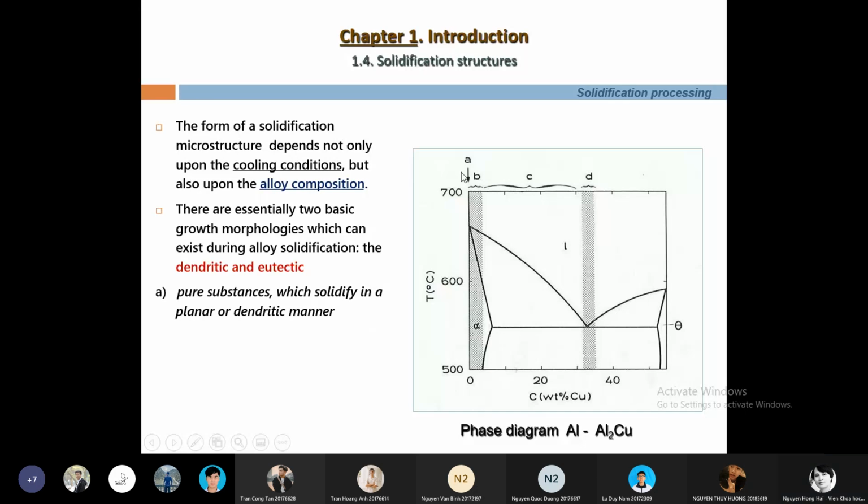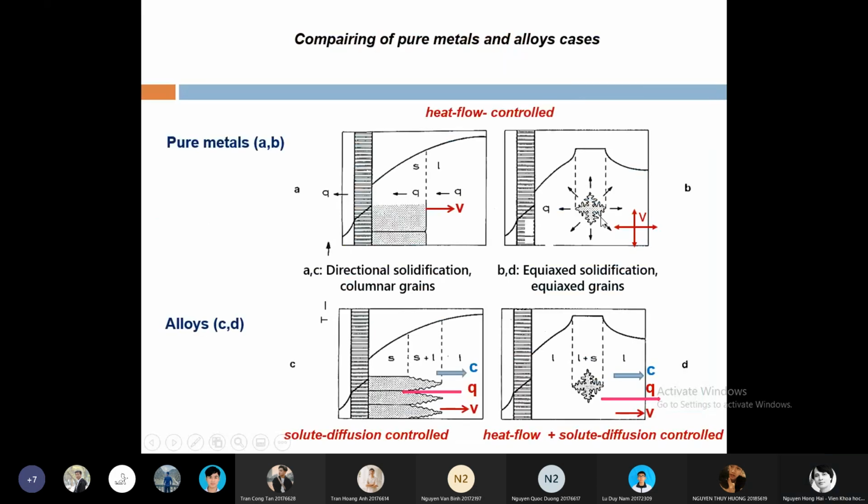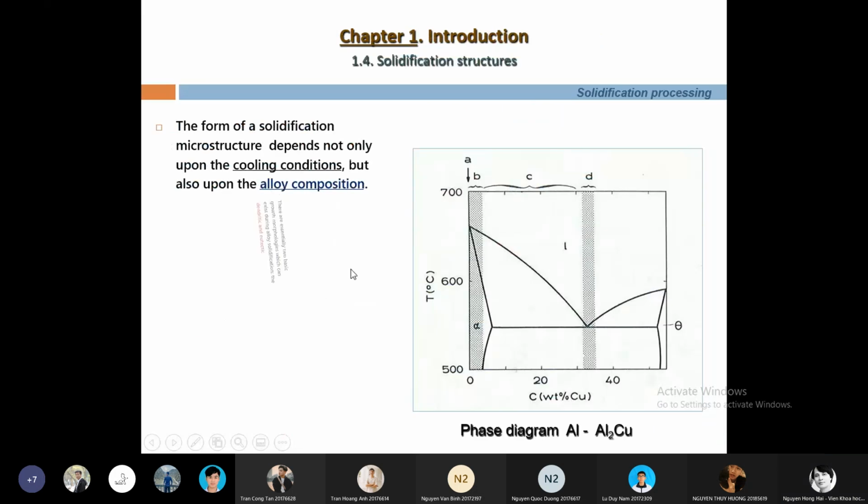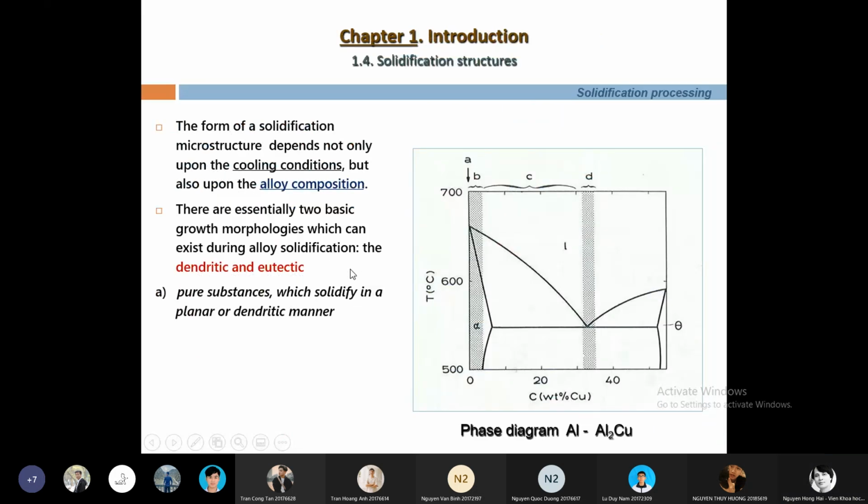So A is a pure metal, pure substance, and it can solidify in a planar or dendritic manner, like this. Planar or dendritic is for pure metal. B is the solid solution dendrite, beta or interdendritic precipitate. Yeah, B, because its composition does not exist.